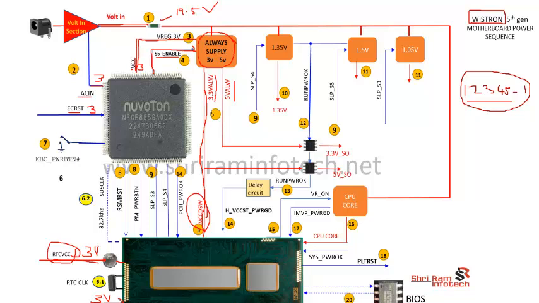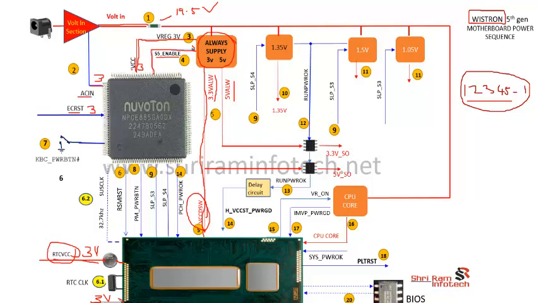Okay. So if you have a laptop that is dead, not powering on, not responding to SLP S3 and SLP S4, then what you have to do is check VCC DSW, RTC VCC and RTC reset. These three signals are very important. So this is step number 5.